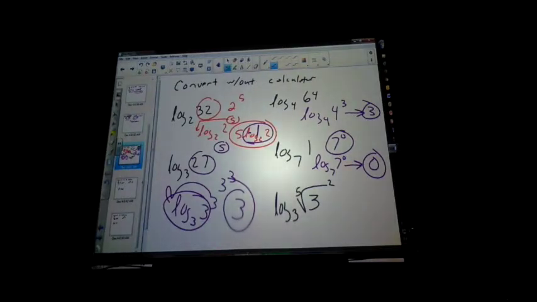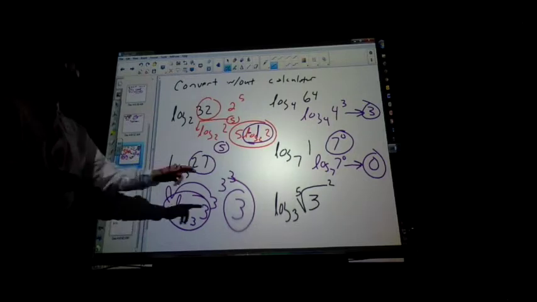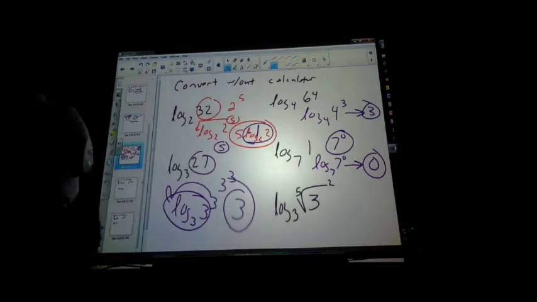And then last one. How do I convert the 5th root squared? How would I rewrite the 5th root squared as an exponent or an exponent fraction? 2/5. Good.